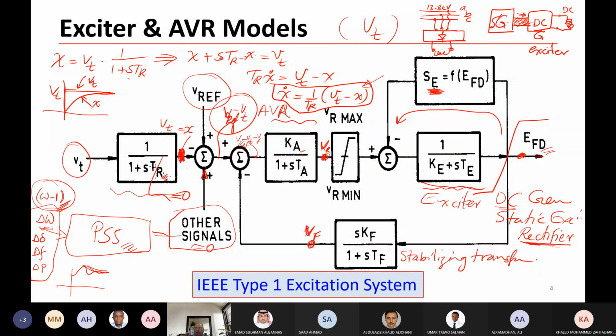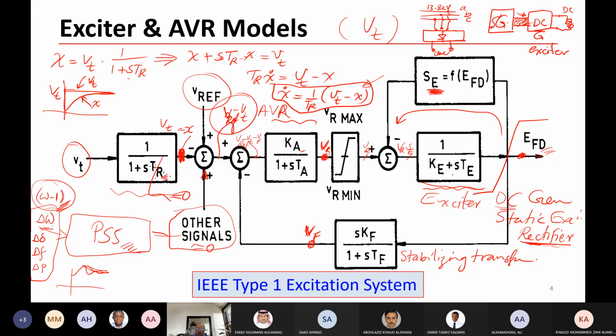EFD, you can write EFD equal to the signal here multiplied by this. So this signal is VR, and this signal is SE times EFD, so here we have VR minus SE times EFD. This is multiplied by 1 over sTE, so sEFD will be EFD dot.